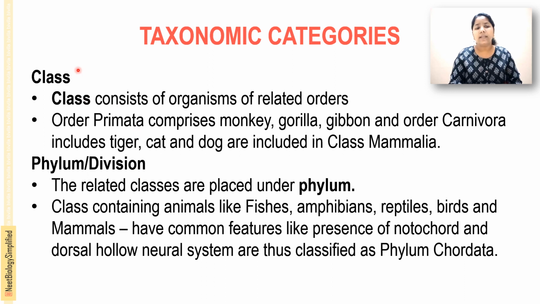Next category is the class. This class consists of organisms of related orders. Example, the animals like monkey, gorilla, gibbon come under the order Primata, and order Carnivora includes the tiger, cat, dog.